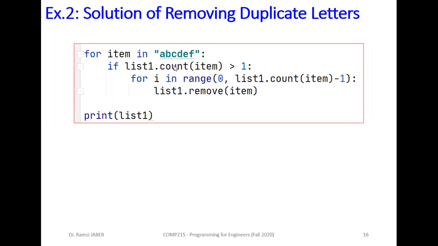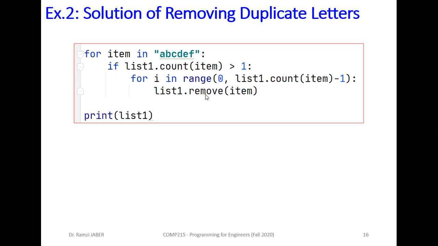Let's repeat: A is 3 times. So for I in range 0 to 2. 3 minus 1 is 2. The range 0 to 2 will give us 0 and 1 only, because 2 minus 1, as you can see, maximum minus 1.